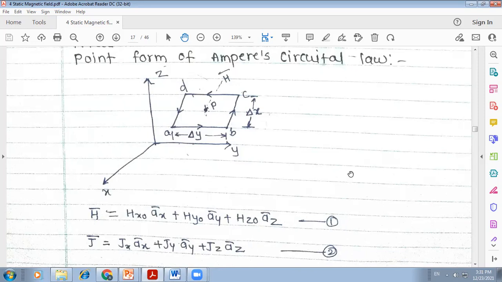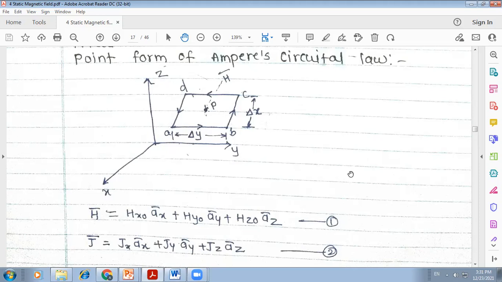Now any vector can be written as, if I consider vector a bar, ax a bar x plus ay a bar y plus az a bar z. Similarly, you can write this vector h bar also. But as we are considering the central point, here we are using the suffix 0.